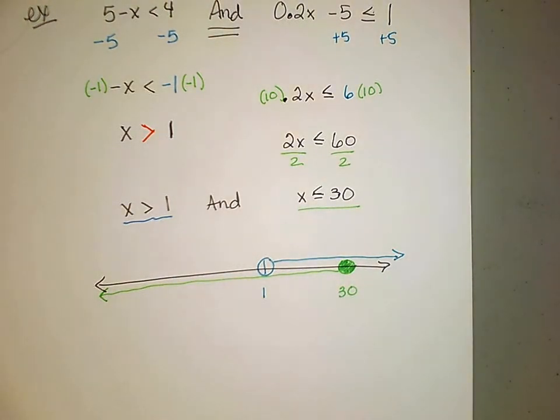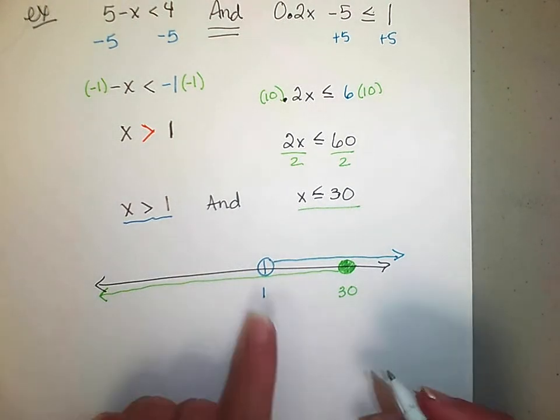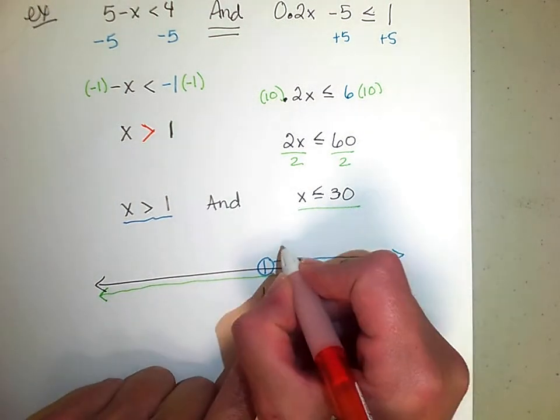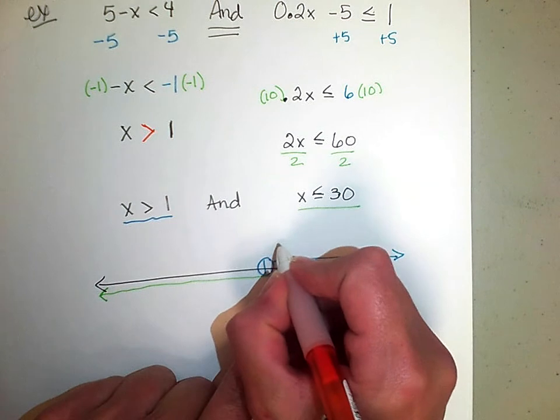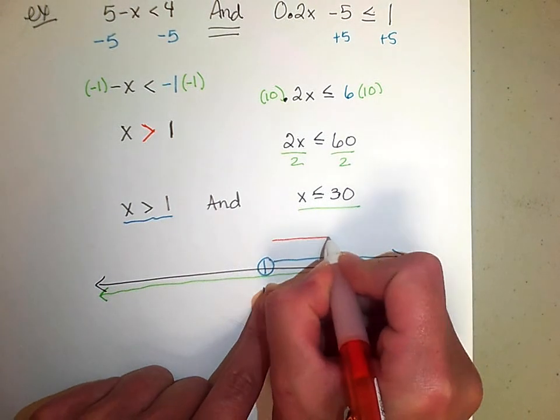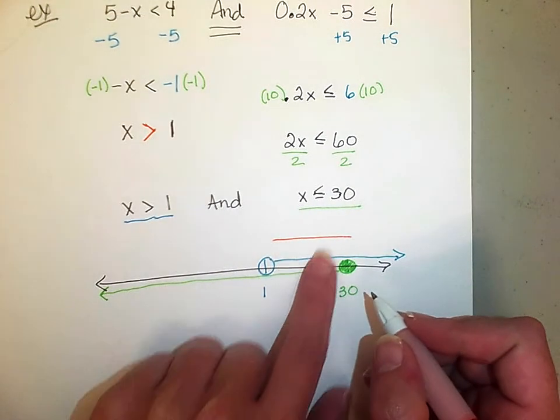So the question becomes, what is our answer? I have to satisfy both of these. So what I have to do is find out where these overlap. That is called the intersection of the two sets. So the intersection is where they overlap, and so any number in between 1 and 30 agrees in both sets.